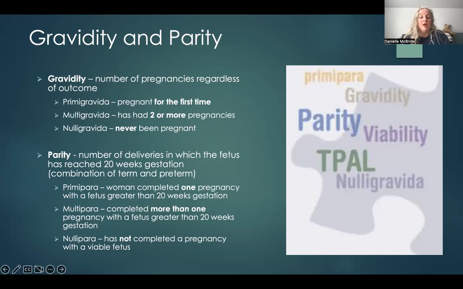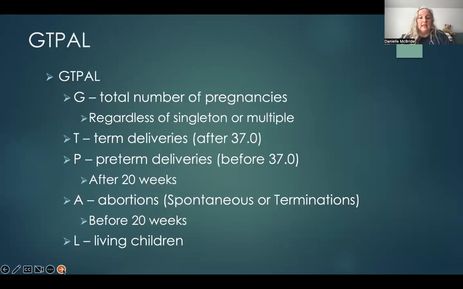All right, so now to dig a little deeper, we're going to expand on this a bit and do the obstetric history. The obstetric history is GTPAL. Our G is our gravidity, the total number of pregnancies.